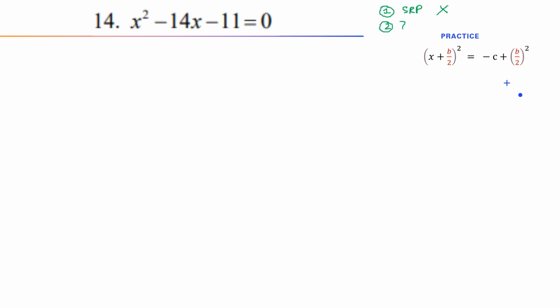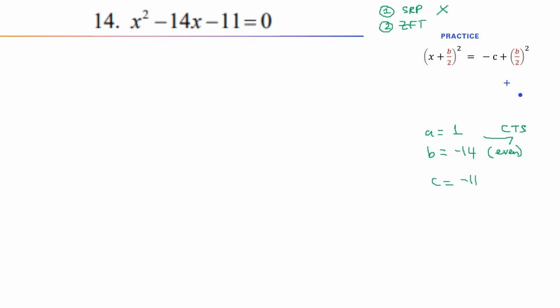Number 2, zero factor theorem. Let's say a equals 1, b equals negative 14. We can check this one is good for completing the square. This one is even, negative 14 is even, good to go with it, right?